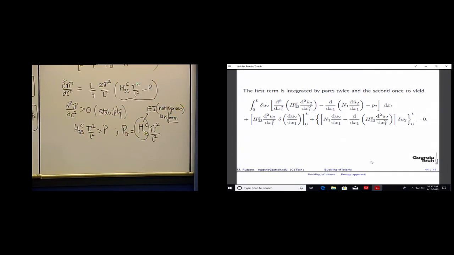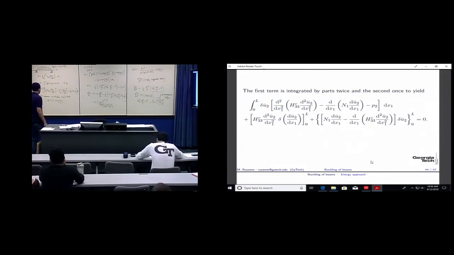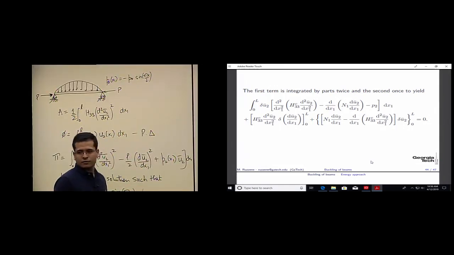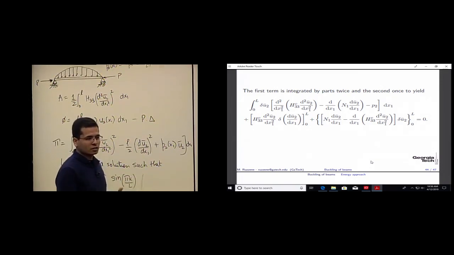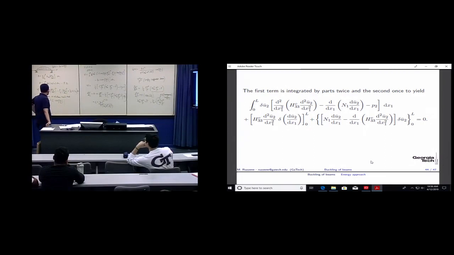Another reason why we use energy methods is that there are a lot of methods based on approximate solutions, and they all are very good to be applied on the energy itself. Today we took one assumed solution which was more or less an exact solution. It was not an approximate solution, but even if it was, we could have found a very good result for the total displacement profile, right?